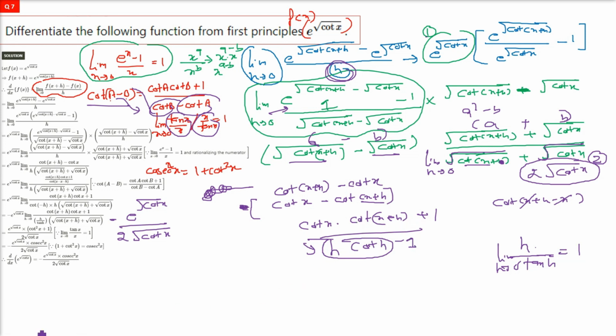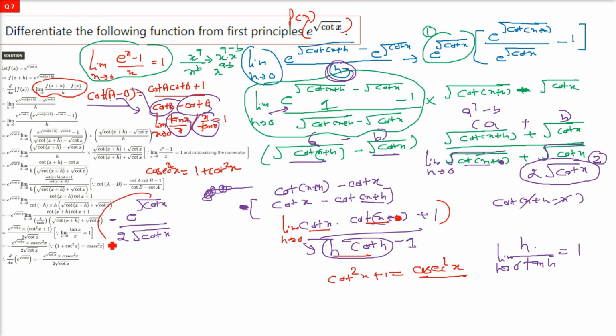The term in the numerator is cot x into cot(x+h) plus 1. Apply the limit here: h is going to be 0. Cot x into cot x is cot square x, plus 1. You know that is cosec square x.